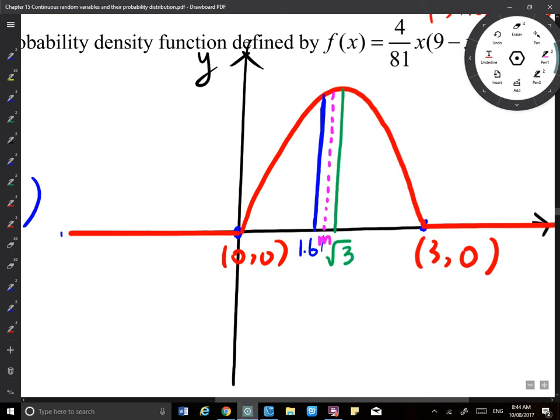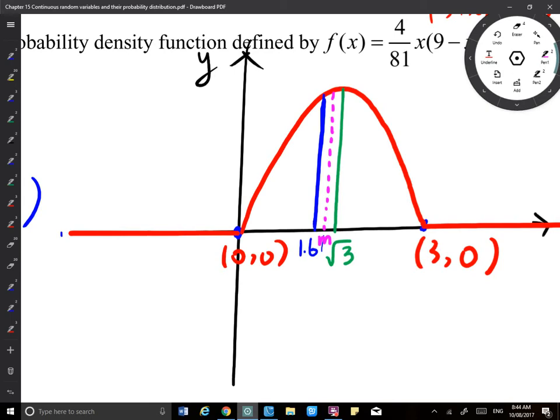Which means the area to the left of 1.6 must be less than 0.5, and to the left of root 3 must be greater than 0.5. So the left of the blue graph is less than 0.5, and the left of the green graph is greater than 0.5. Then there must be a number in the middle of 1.6 and root 3 that gives an area to the left of exactly 0.5.